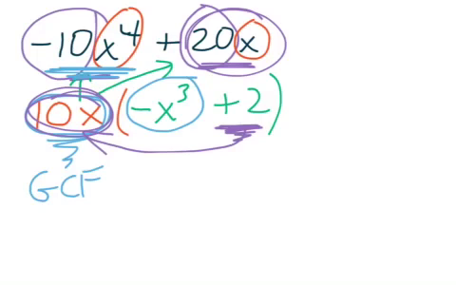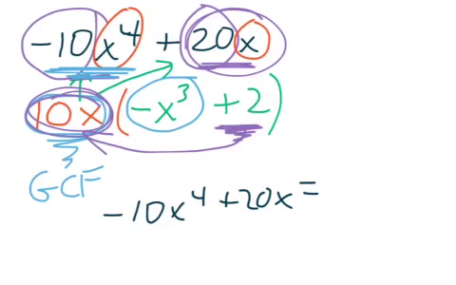So, when all is said and done, negative 10x to the 4th plus 20x, if factored, equals 10x times negative x to the 3rd, or x cubed, plus 2. And that is how you factor.